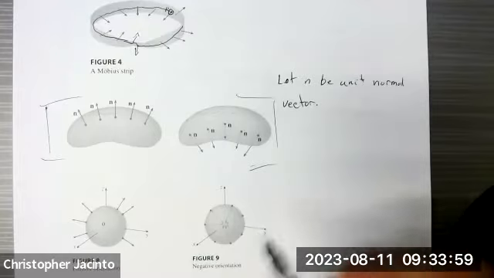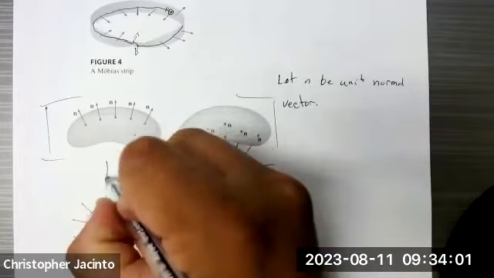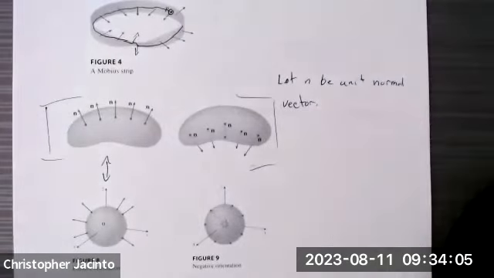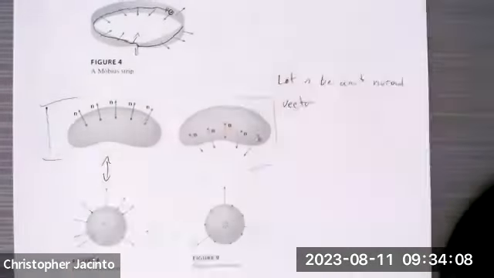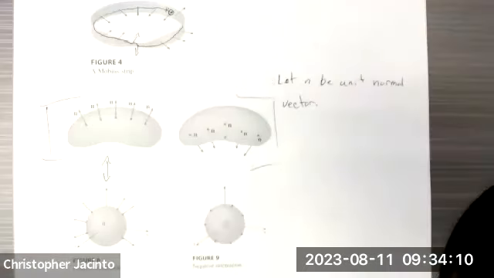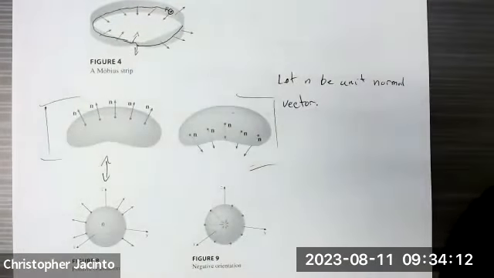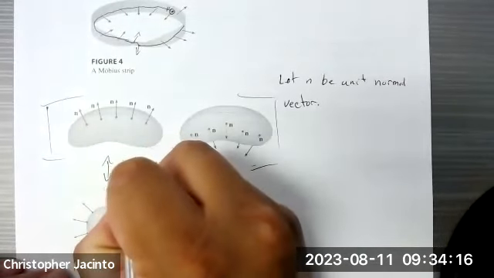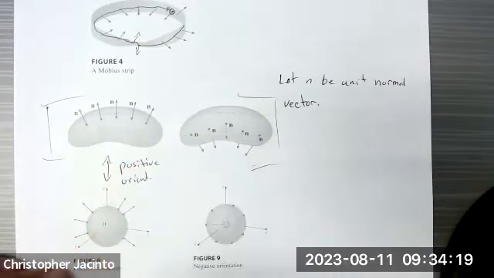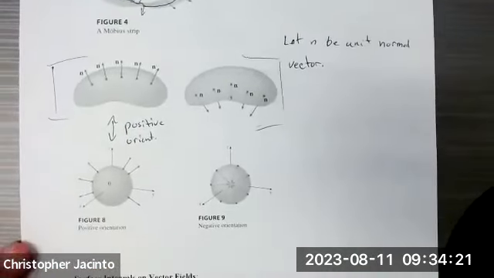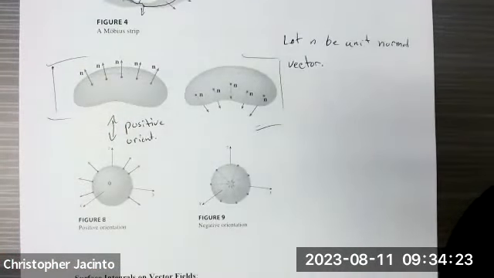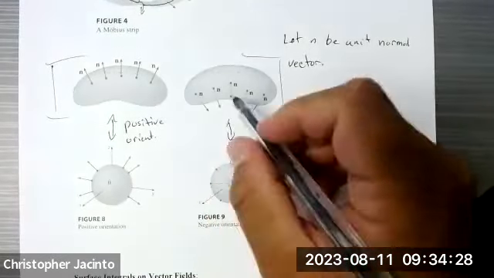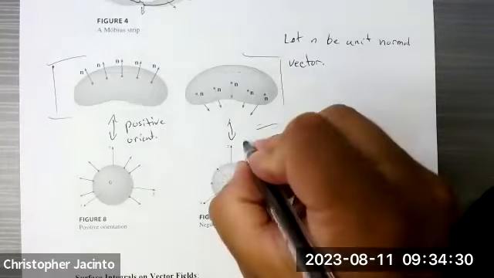So a positive orientation looks like these two here, where you're going away from the surface or going outward. So these two are called a positive orientation. And a negative orientation represents you going in, either into the surface or going down. This is called a negative.